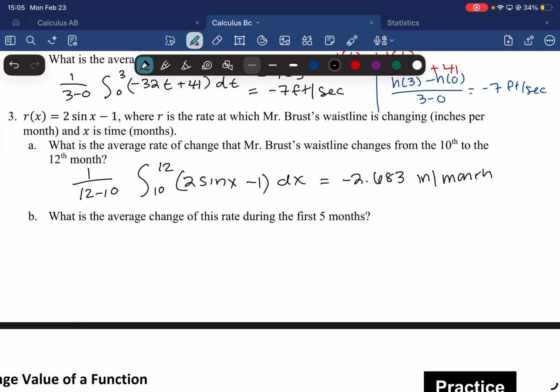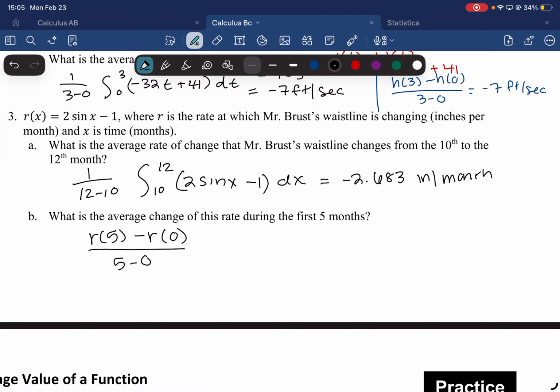Part B says, what is the average change of this rate during the first 5 months? Well, that rate that they're talking about is r. We can solve this by using the average rate of change formula. Again, this is just showing you back and forth that these two formulas are the same thing.